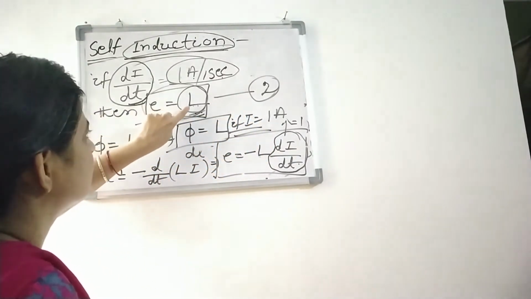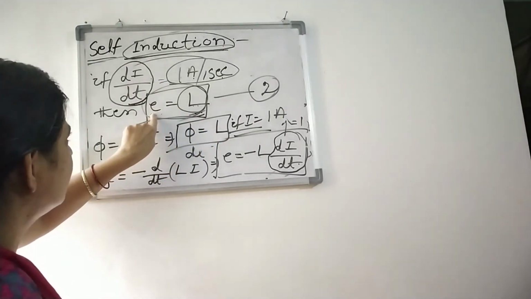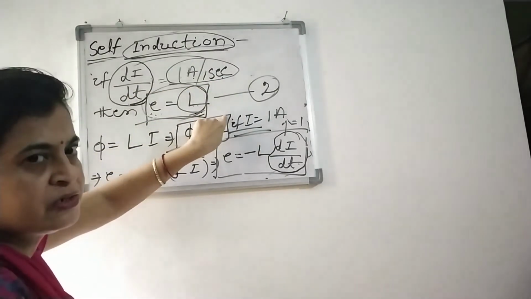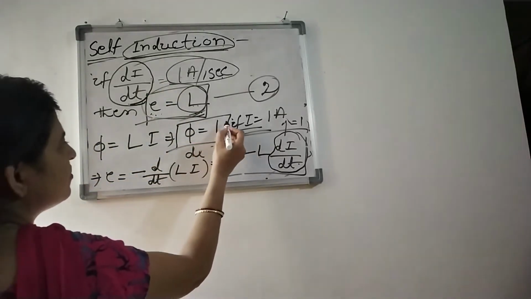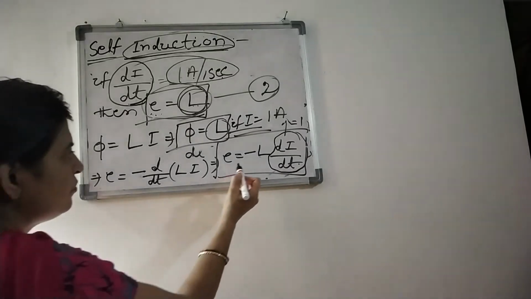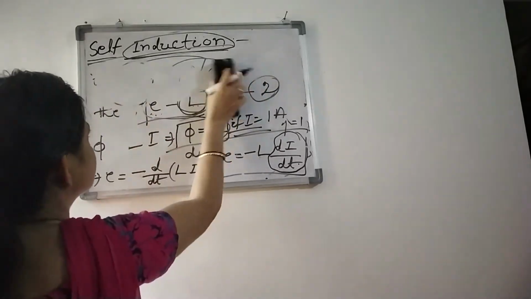In this case, self-inductance is equal to the EMF when the rate of change of current is equal to 1 ampere per second. So, in both ways, you can define self-inductance. Clear?